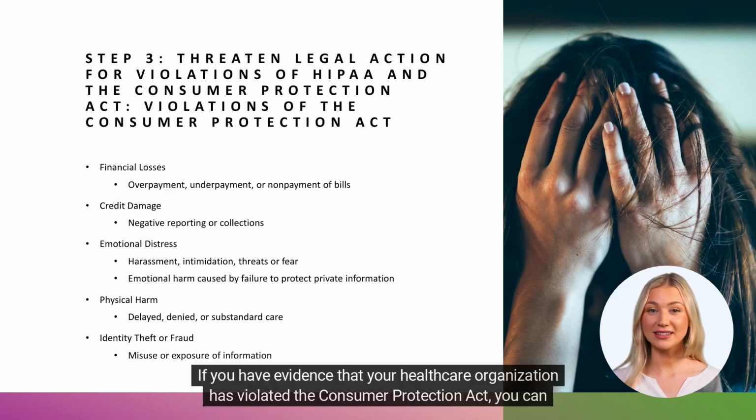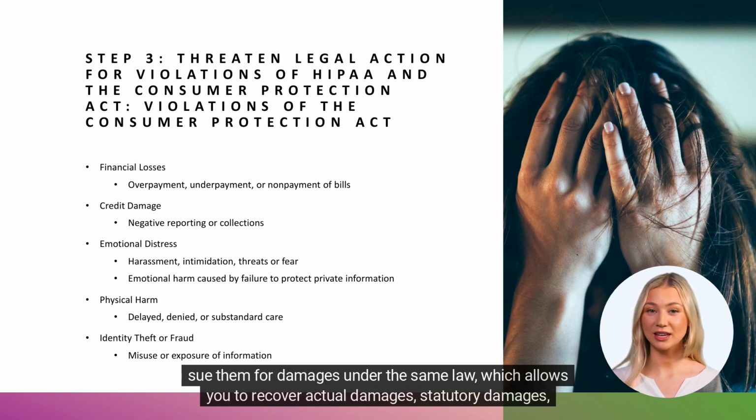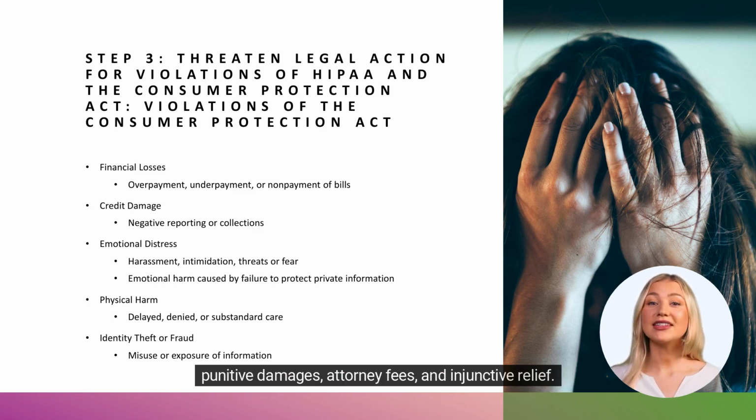If you have evidence that your healthcare organization has violated the Consumer Protection Act, you can sue them for damages under the same law, which allows you to recover actual damages, statutory damages, punitive damages, attorney fees, and injunctive relief.